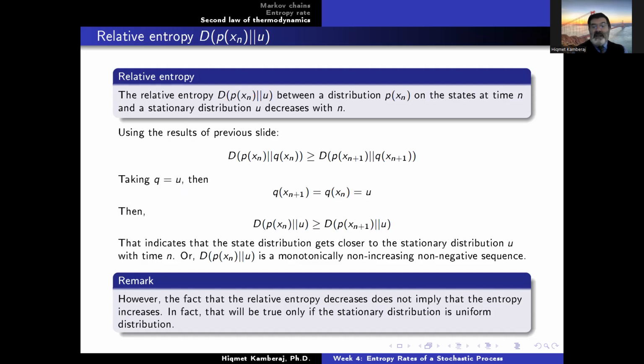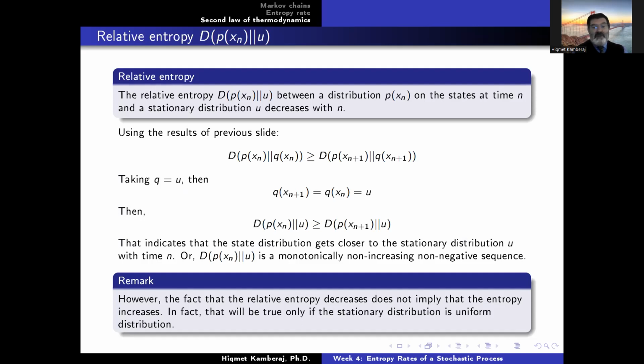We now consider the relative entropy of some probability distribution from the stationary distribution U. Again, the relative entropy D of P from U, between the distribution P of xn on the state at time n and the stationary distribution U, decreases with n.